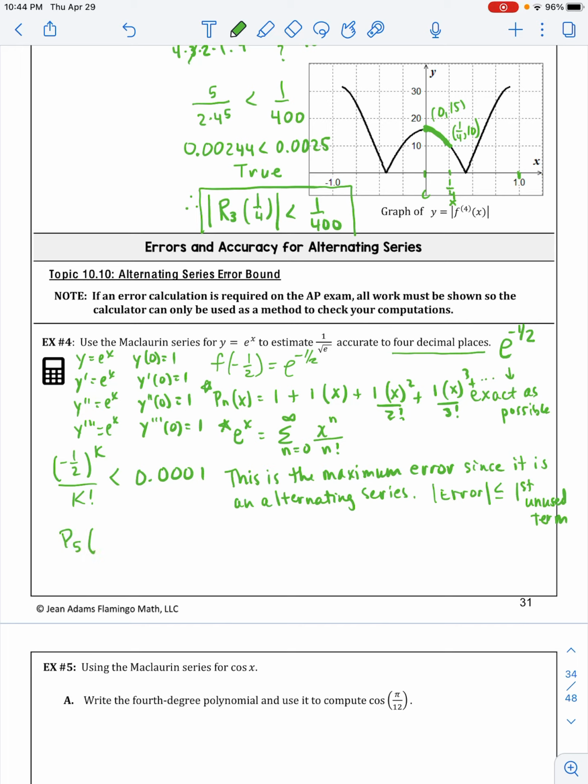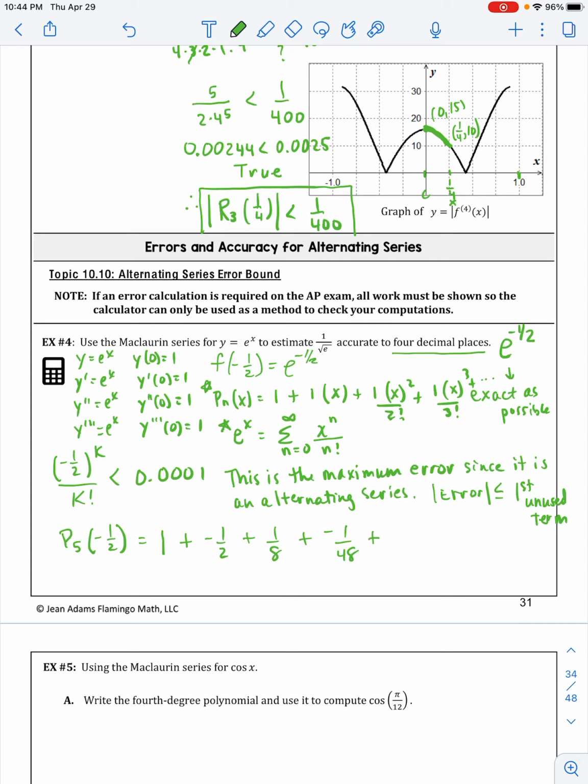Okay, so now I just started calculating, I think I calculated like P sub 5 of negative 1/2. And so using my P sub n, I of course get 1 for the first one. I get negative 1/2 for the second one. I get 1/4 divided by 2, which is 1/8 for the third one.